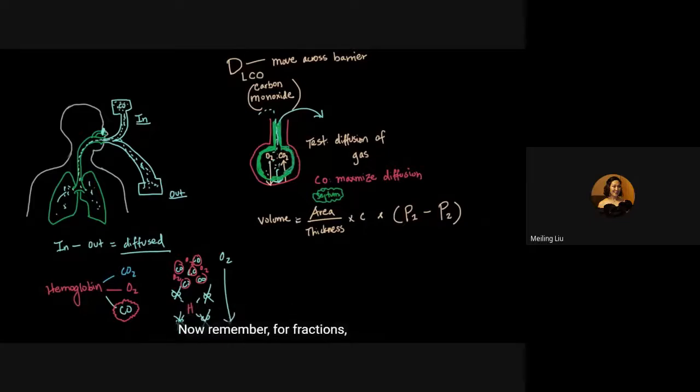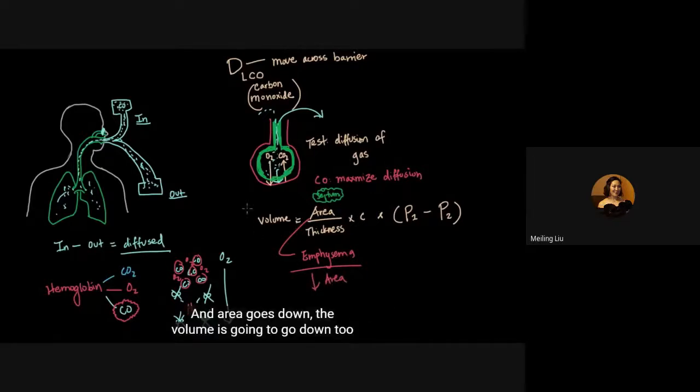Now remember, for fractions, whatever's in the top of the fraction, if area goes up, then volume goes up. But if thickness goes up, volume goes down. So let's say something that can affect the surface area would be a disease such as emphysema, where the lung tissue is being destroyed and you literally get less surface area for diffusion. So in emphysema, the area goes down. And when the area goes down, the volume is going to go down too because this is at the top of the equation.